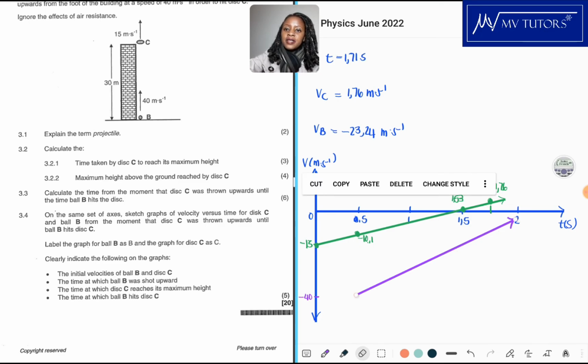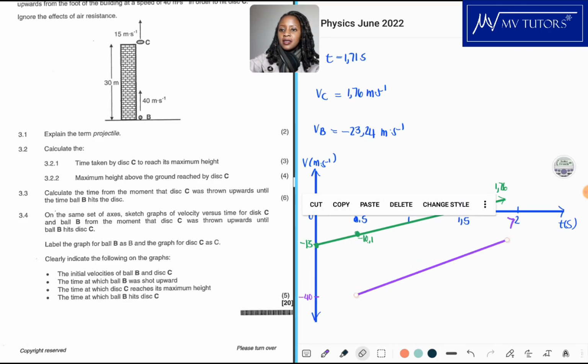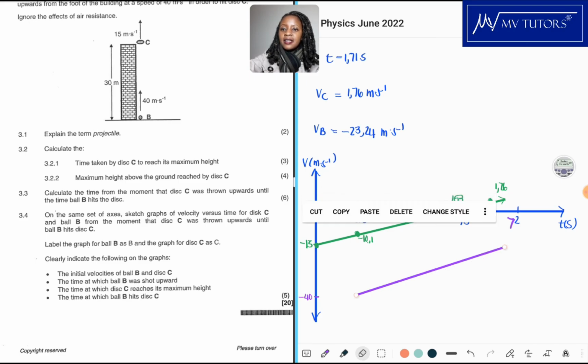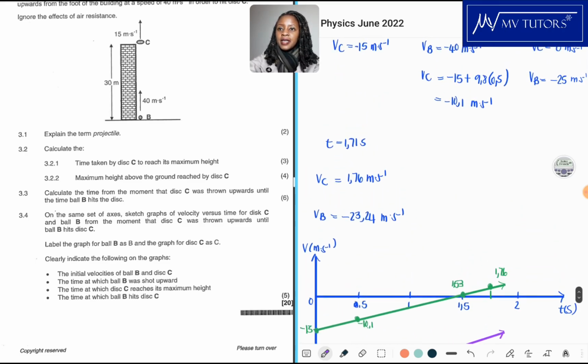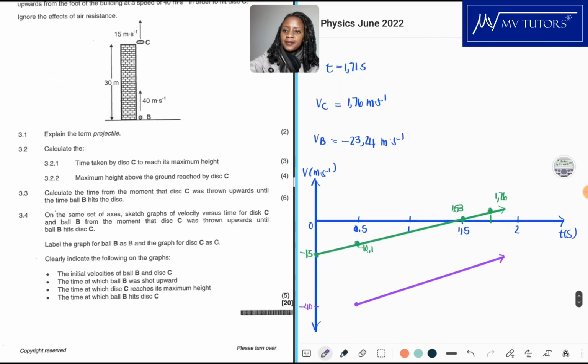These graphs have to be parallel because they have the same gradient. Even if you don't draw it to scale, it should be reflective of that they are parallel. So let us just fix. At this point here, we have -40 at 0.5 seconds, and then at 1.53 seconds we had -25.